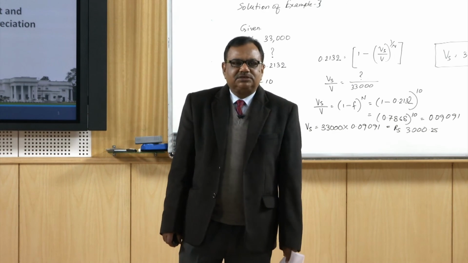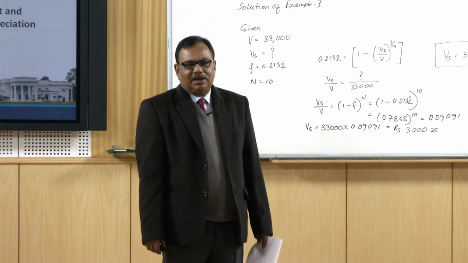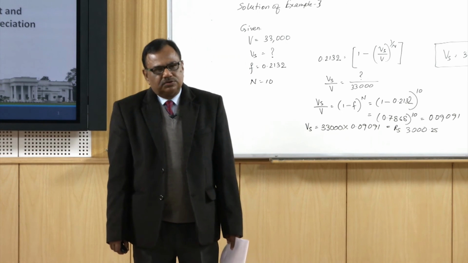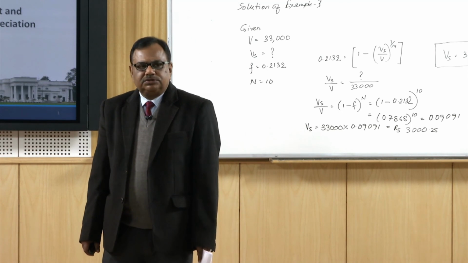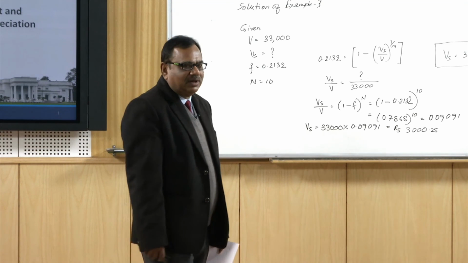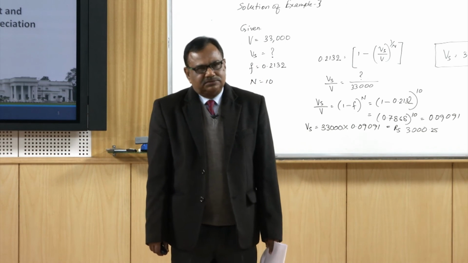The present lecture demonstrates how to use the declining balance method for depreciation computation, and also shows where you should use the declining balance method and what benefits you can extract using it in taxation. Thank you.